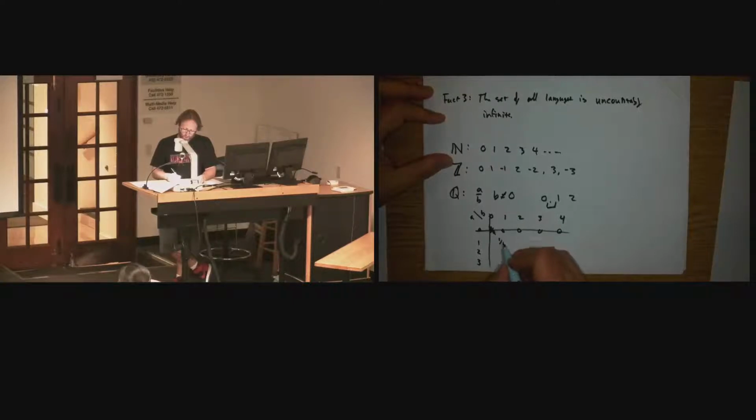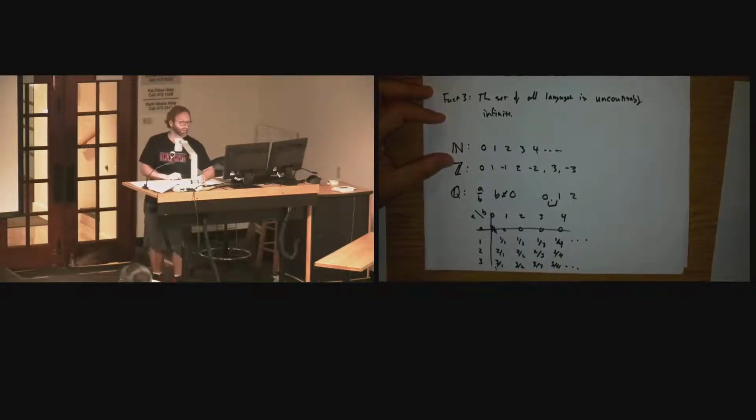And now this is 1 over 1, 1/2, 1/3, 1/4. This is 2 over 1, 2 over 2. Now we're repeating some things here. This is 1 and this is 1. That's okay to repeat as long as you can get them into an enumeration. All right, we repeated 1/2 here and here. 3 over 1, 3 over 2, 3 over 3, 3 over 4, dot, dot, dot. All right?